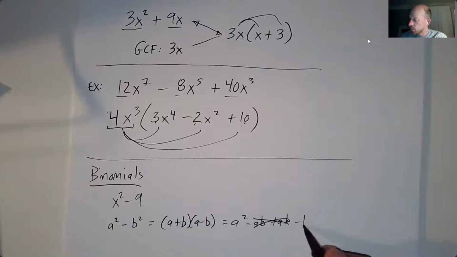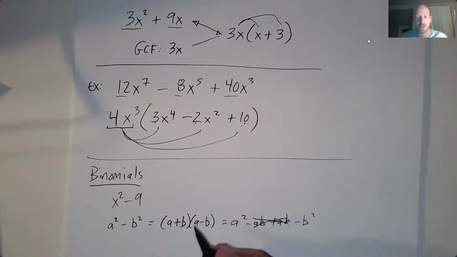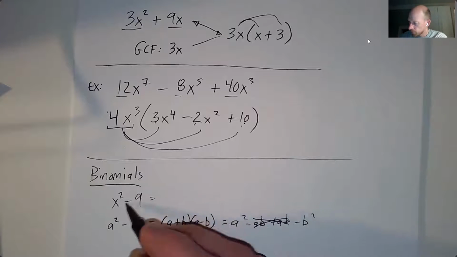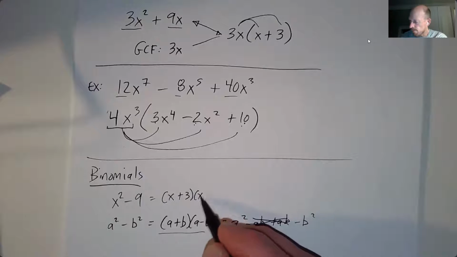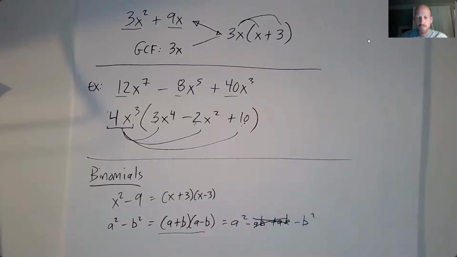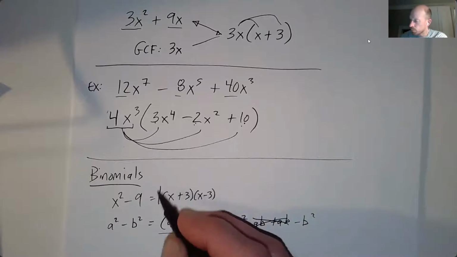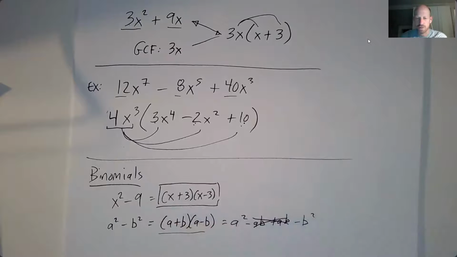And then I get a minus b squared. So these really are the same things. This is factored form. So this x squared minus 9 I can rewrite or factor like that.